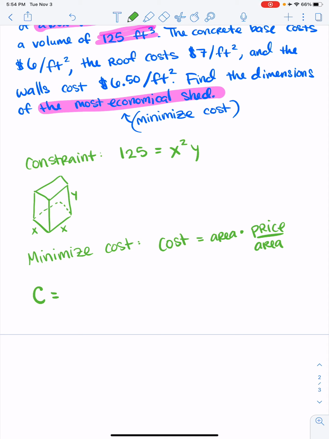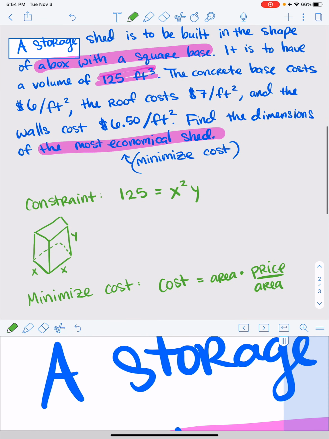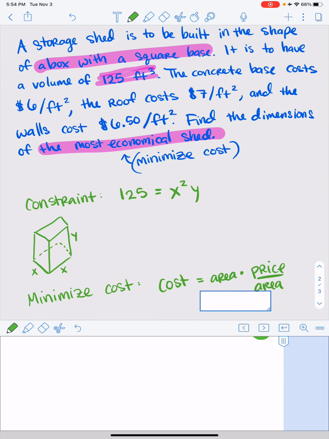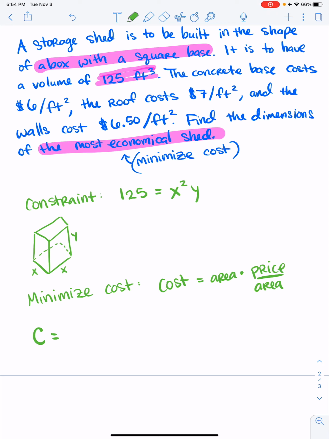Okay, so let's look at the cost. Let's look at our costs. We have 6 for the base. The roof is 7 and the walls are $6.50.